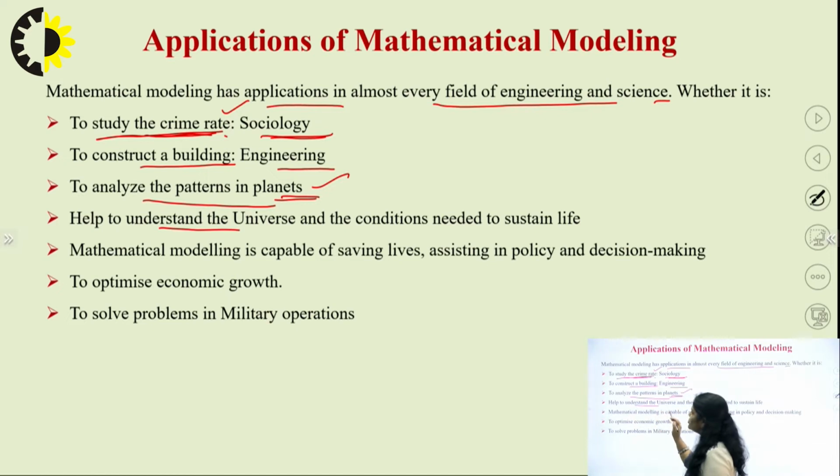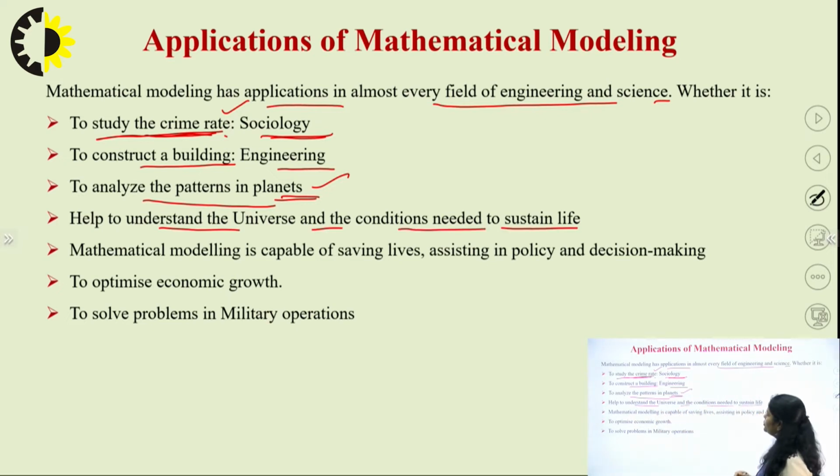It will also help to understand the universe and the conditions needed to sustain life. So in the universe or on the earth, different types of conditions are required to sustain life. So we have to understand and relate those conditions, and we are analyzing this with the help of mathematical models only.